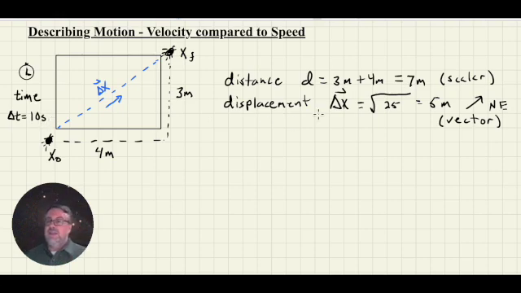Now, distance was a scalar. Displacement was a vector. A change in time is also a scalar.